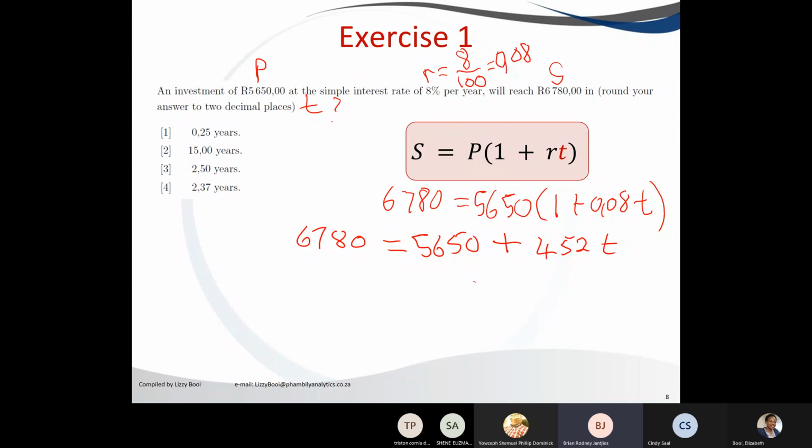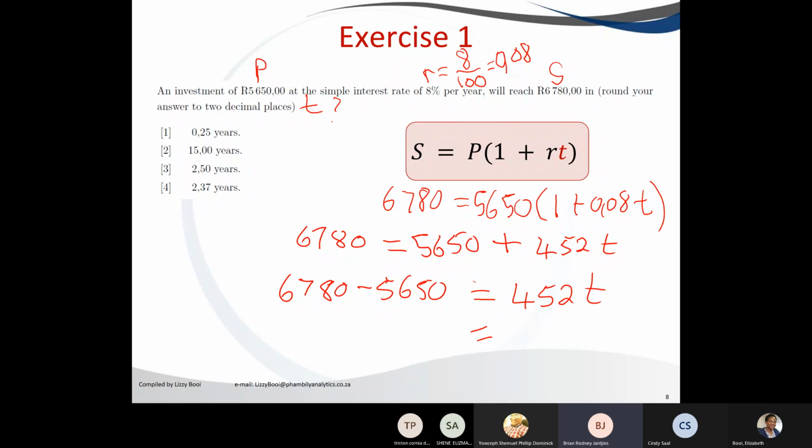Then I brought the 5,650 over to the 6,780 and made it a minus. So it will be 6,780 minus 5,650 equal to 452T.